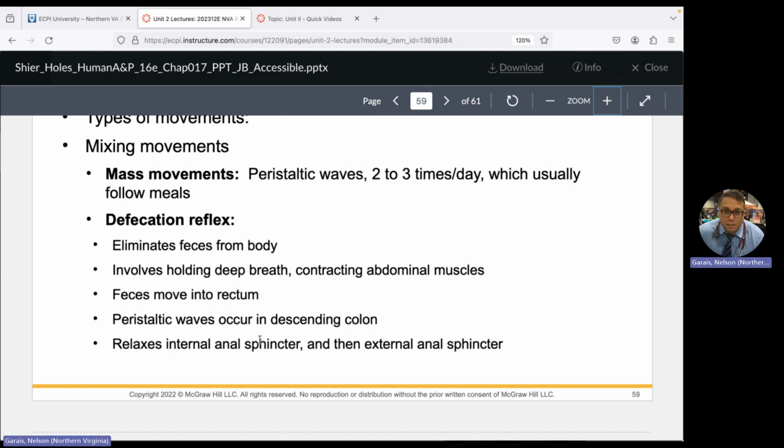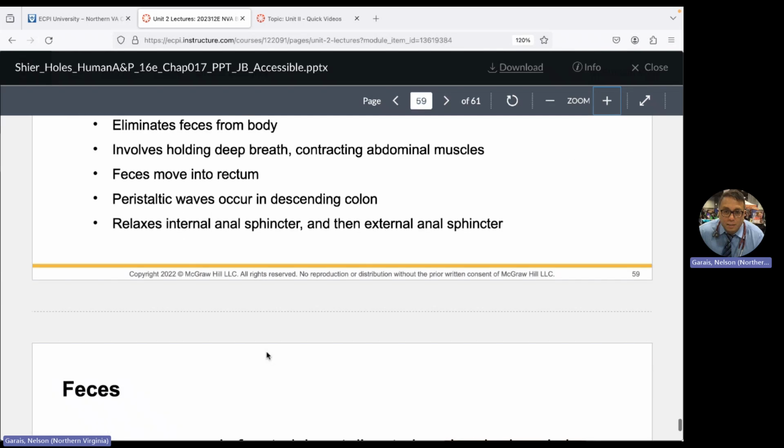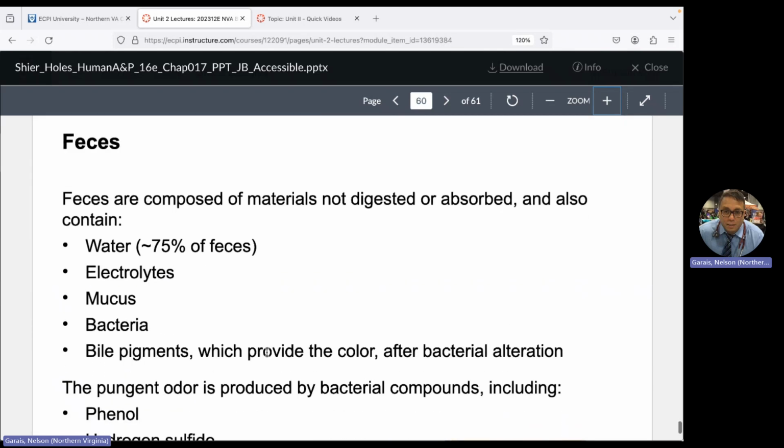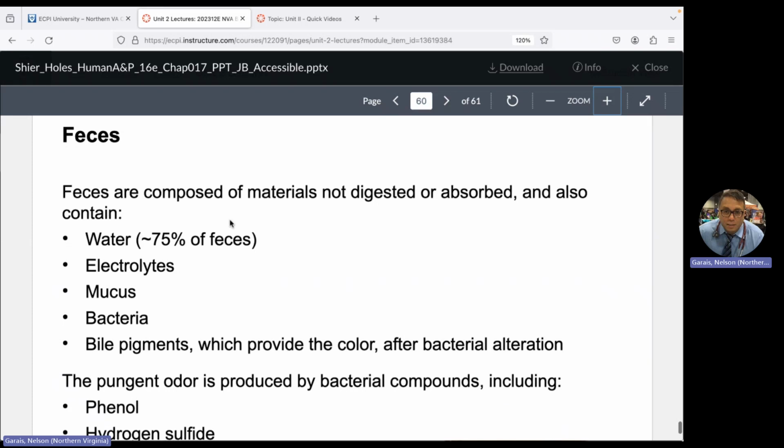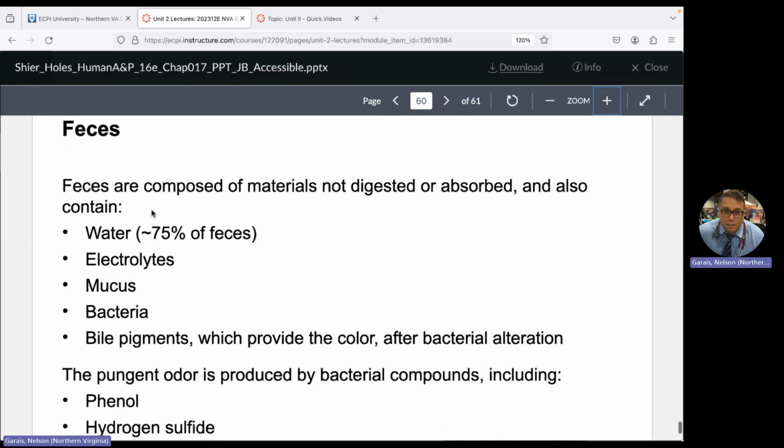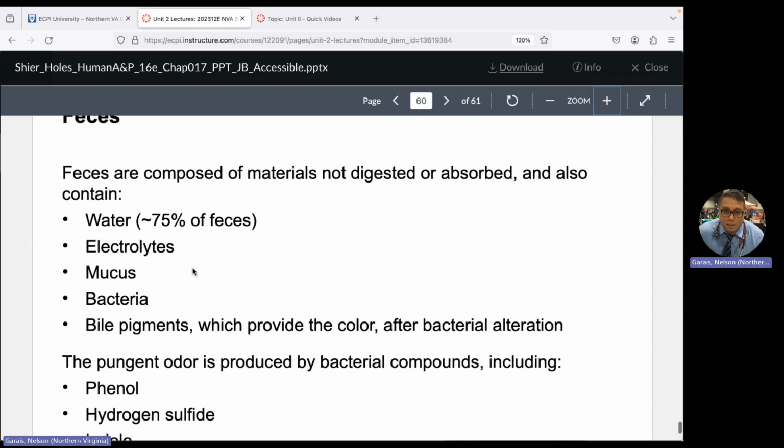There'll be automated relaxation of the internal anal sphincter and all that pressure to get to the bathroom or to defecate. Look at here, water. Majority of your feces or your waste part is water. So if you're having diarrhea, you're going to be throwing out water as fast as you're taking it in, and then there's a potential for dehydration.